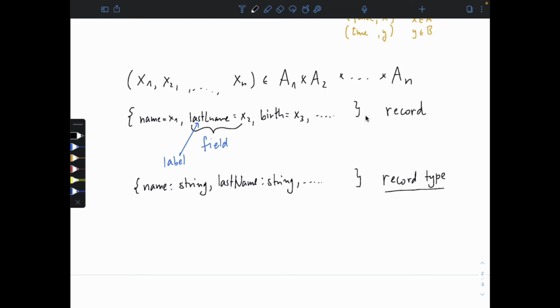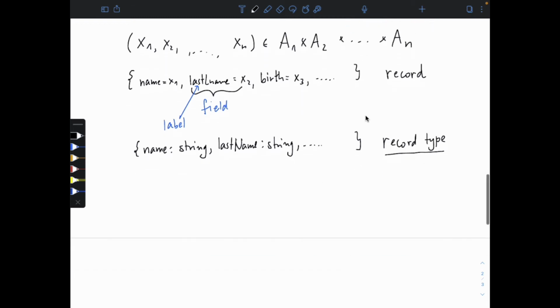Do we have records in mathematics? Yes, of course. But you have to be very careful with mathematicians because they really like to be dishonest about how they do things. For instance, a mathematician will tell you, what is a group? They'll say it's a quadruple. They'll write something like this: a set, an element of the set, another binary operation.